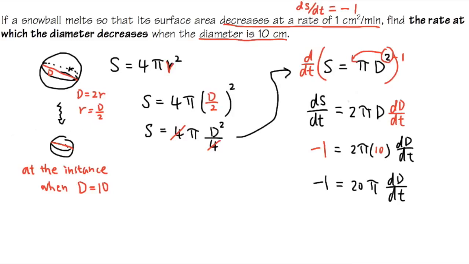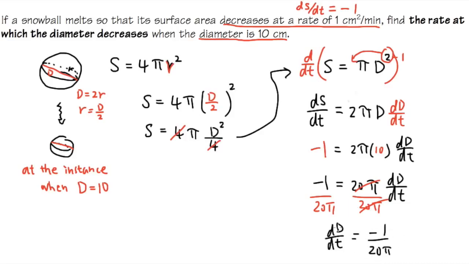As usual, we can divide both sides by this number, which is 20 pi on both sides, so that this and that cancel. So we can say dD/dt, the rate at which the diameter is decreasing, is going to be -1 over 20 pi. And we can just include a unit.